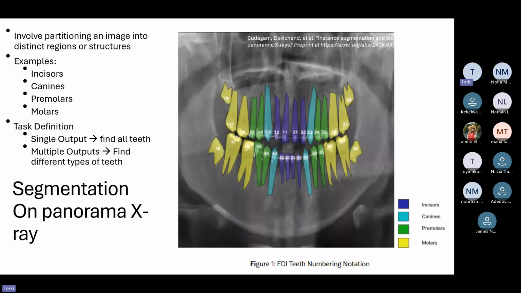So for example, if your image is coming from a camera that is 2000 by 2000, most of the time we don't use the very high resolution.